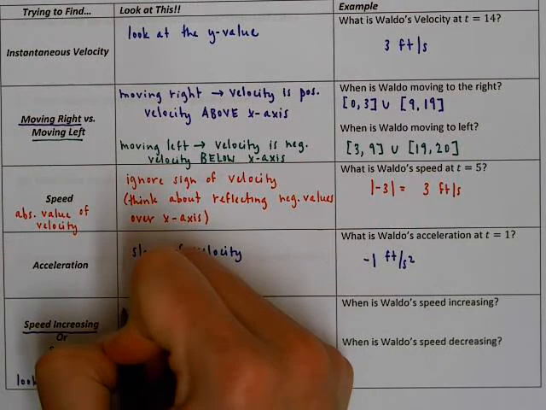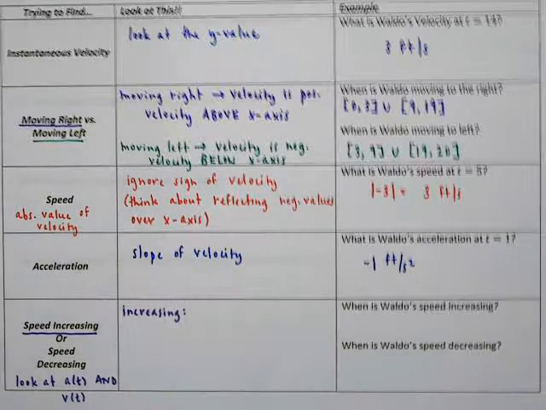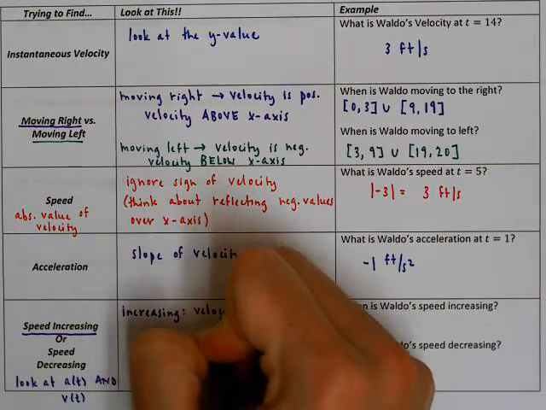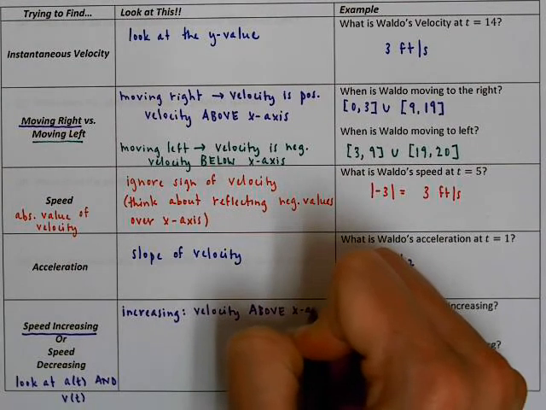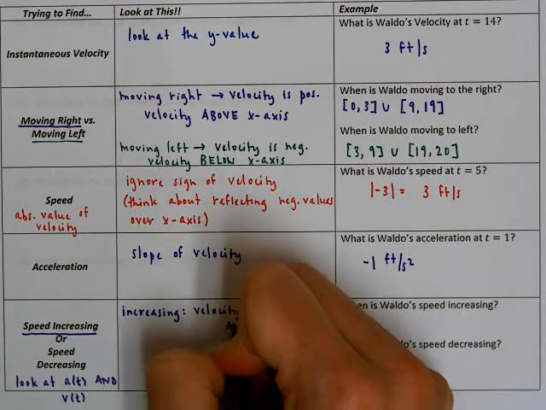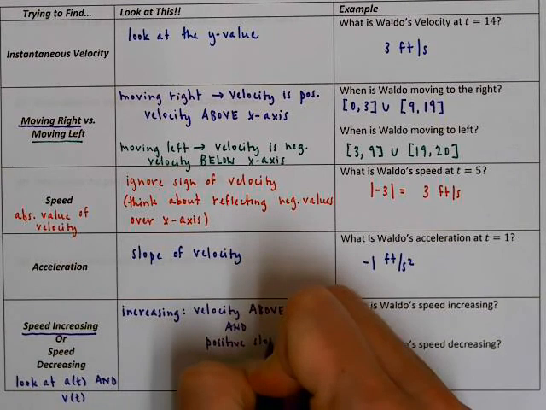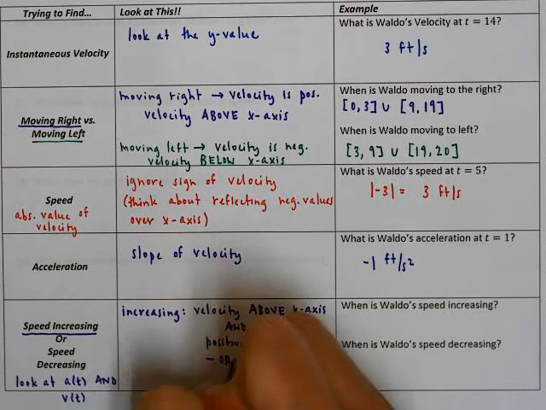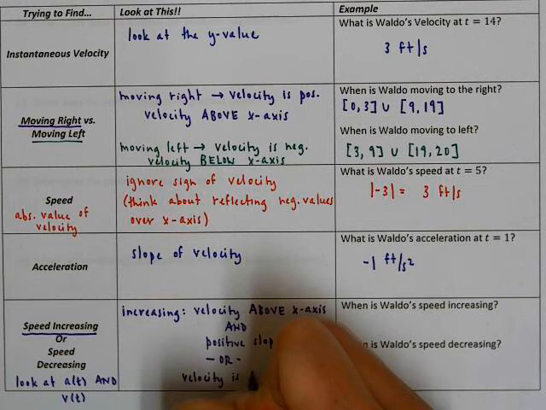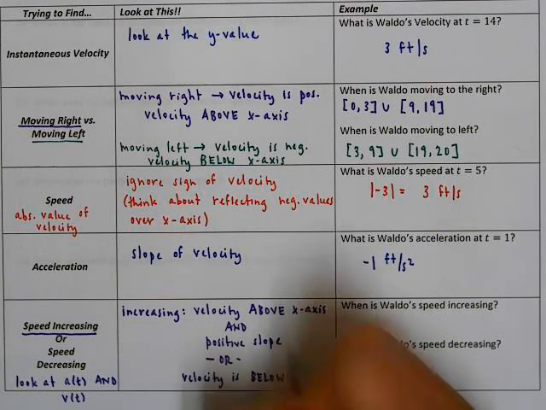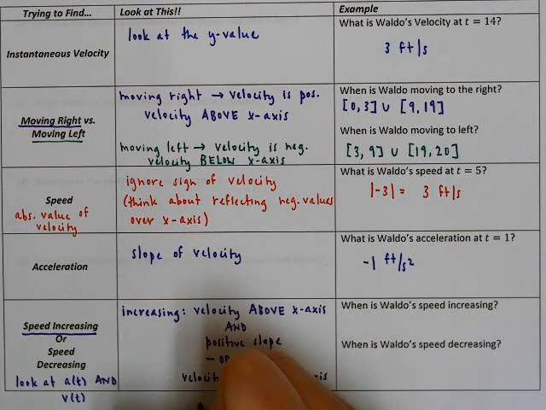For the speed increasing, I'm looking at velocity being above the x-axis and having a positive slope, or I'm looking for where velocity is below the x-axis and has a negative slope.